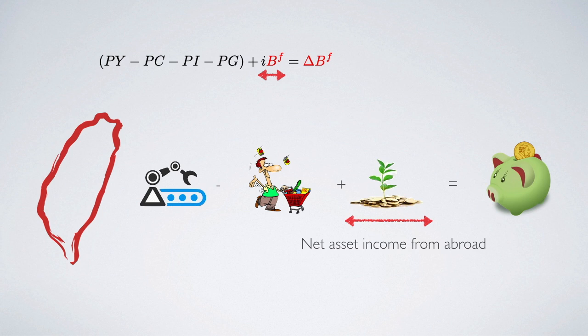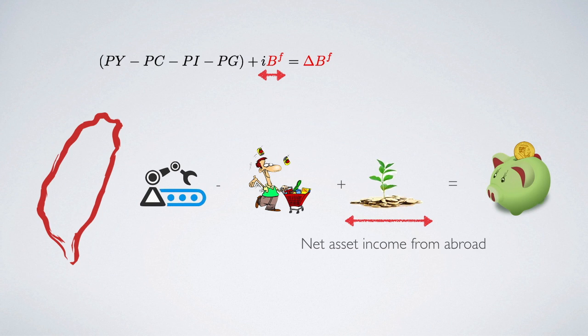And the second term is basically the net asset income from abroad, because BF is our net international investment position, and then IBF will be the return that is generated. So basically, this decomposition tells us that the source of the current account balance comes from two parts.